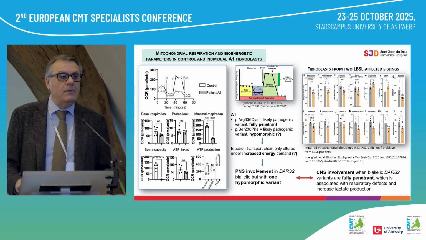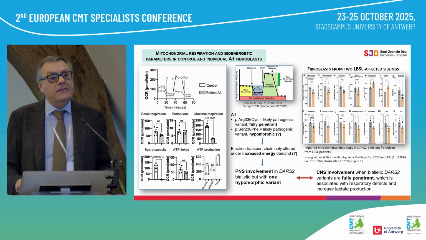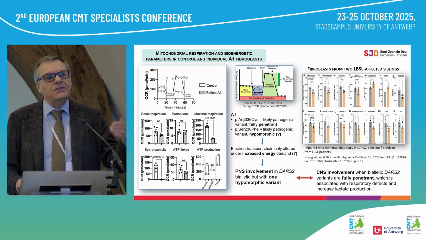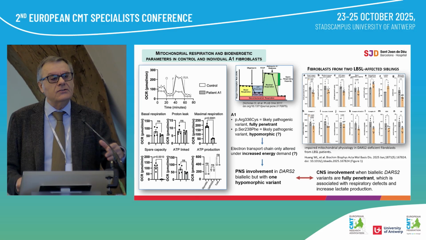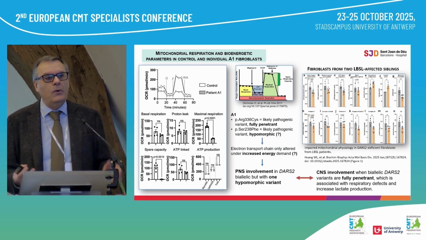from the patient fibroblasts. This is a different situation from what you have on the right. They have the results coming from the paper by Wan et al., published this year, regarding the behavior of the respiratory chain, which is completely abnormal. So there is a difference between both cases, our patient and the patient from the paper.